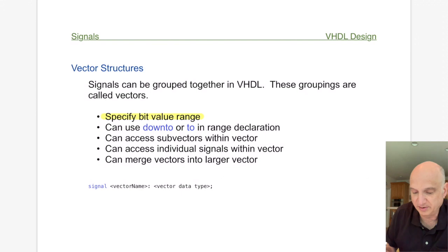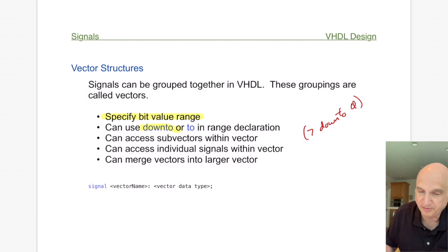Now, typically, we use the keyword downto as part of that description. So if I wanted to declare an 8-bit value, I would say I want this to be declared as 7 downto 0. That would be one way to declare it.